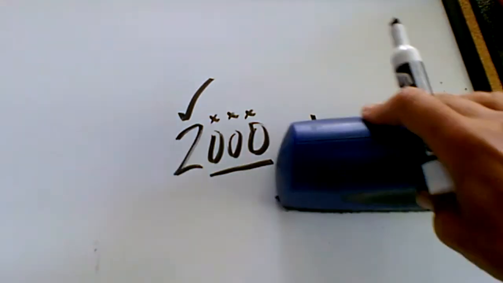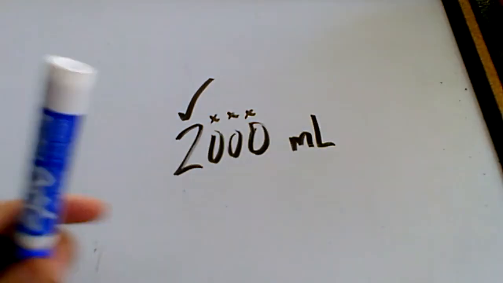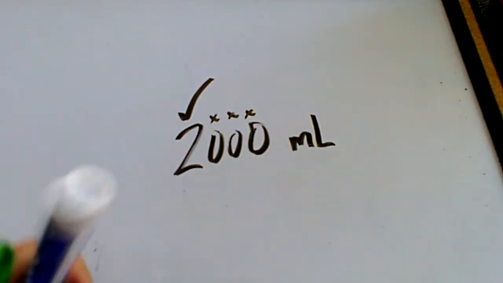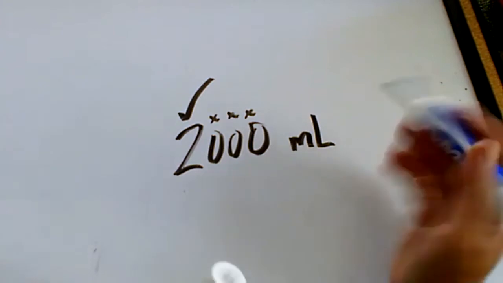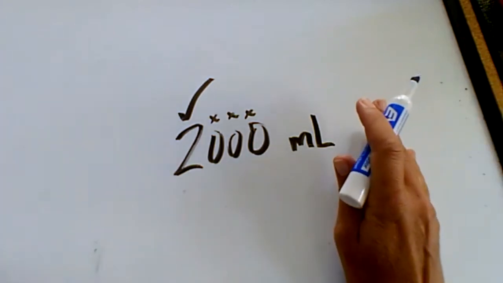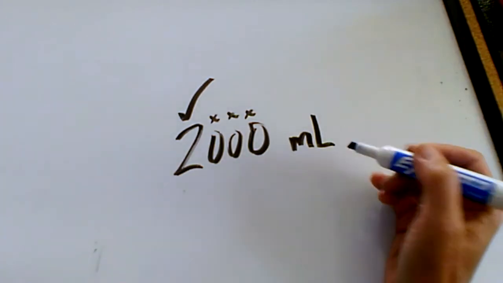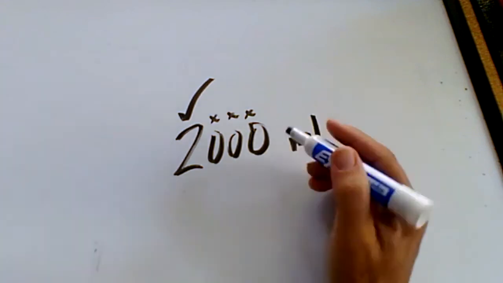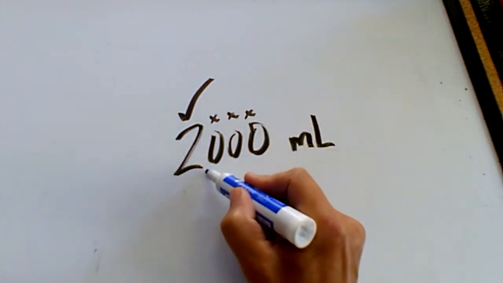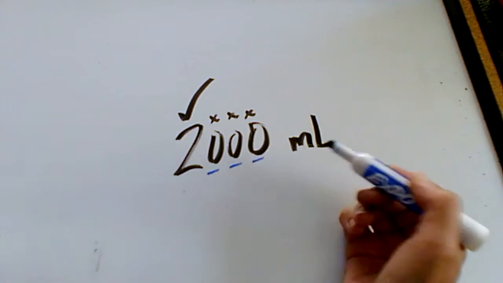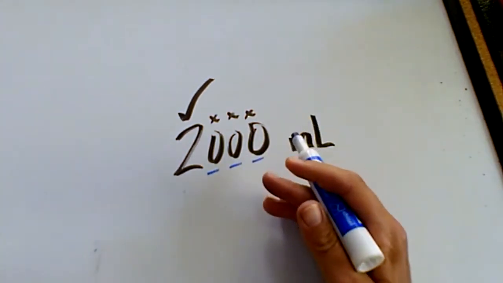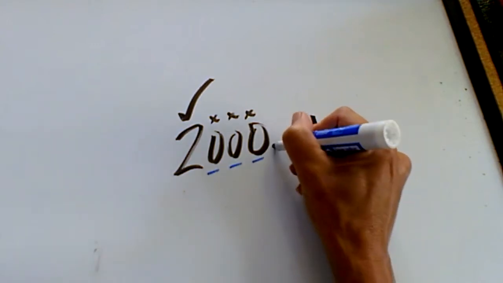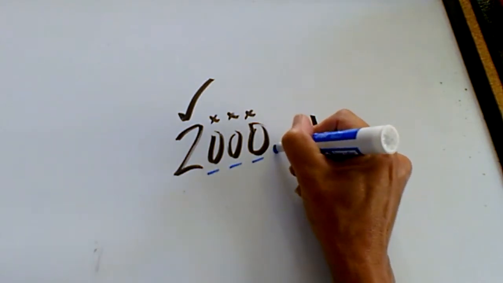Miss Murphy said that's not good. We should always have more than 1 sig fig. Sometimes you'll have word problems. They could be 1 sig fig. Don't worry about it, but you'll learn to get frustrated by it. Okay, now listen to my words. If, for some reason, which you will later understand, I want these to be significant, I want to say this is exactly 2,000 milliliters, then what I'm going to do is put a decimal right here.